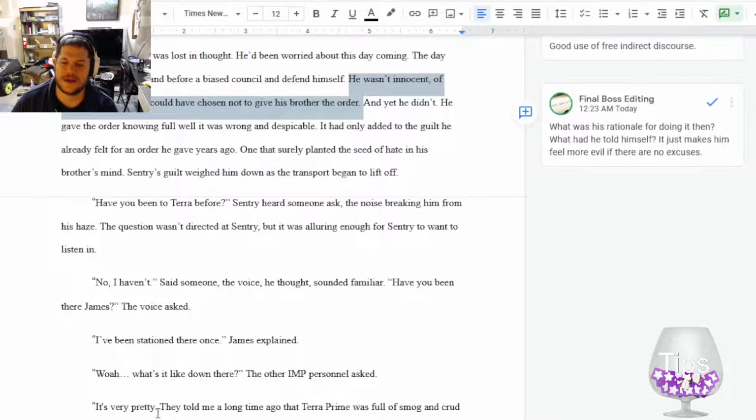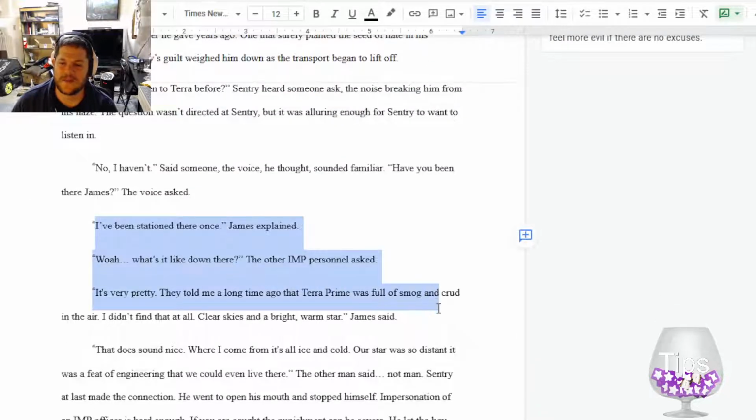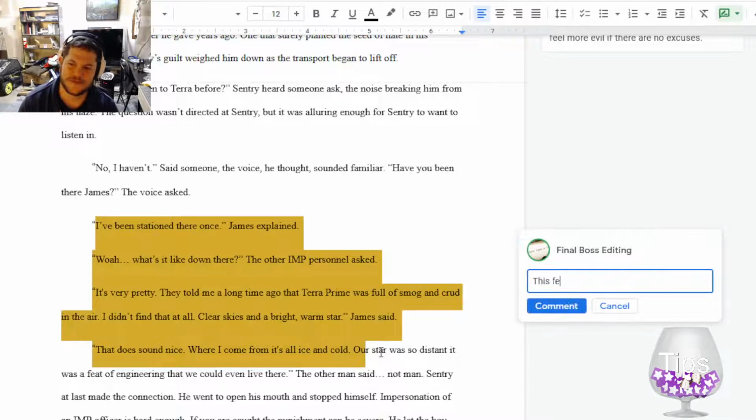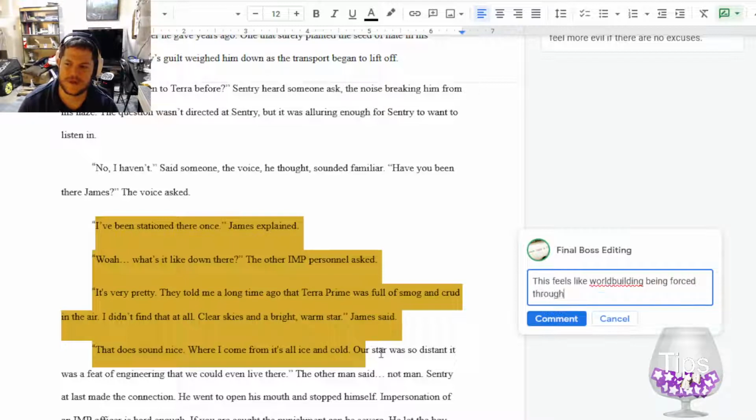So again, this is a lot of backstory stuff, right? This feels like world building being forced through dialogue.